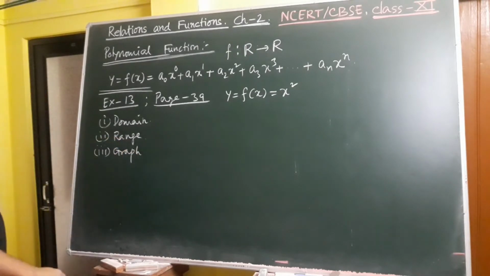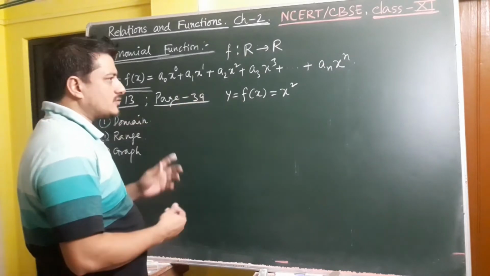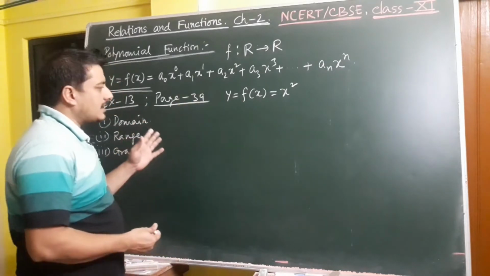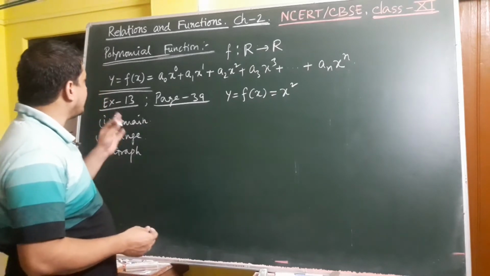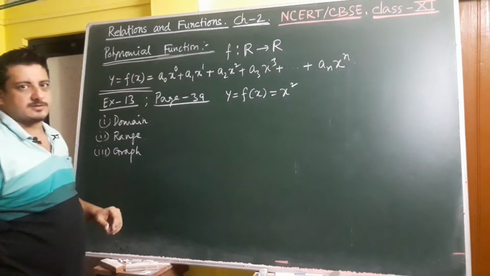Now you look at this. We have earlier seen two functions. One is the identity function, which is also one type of polynomial function.